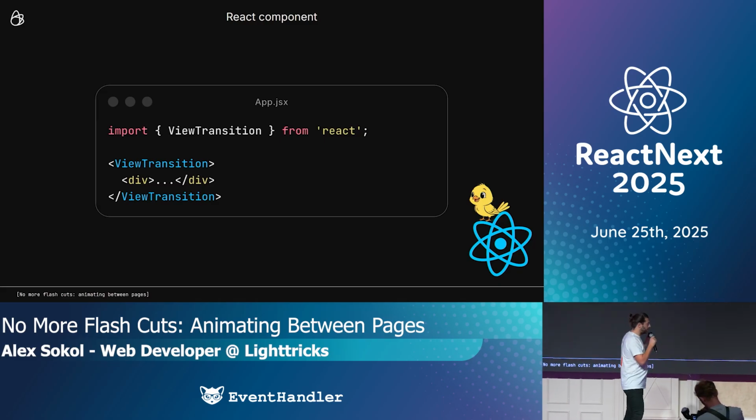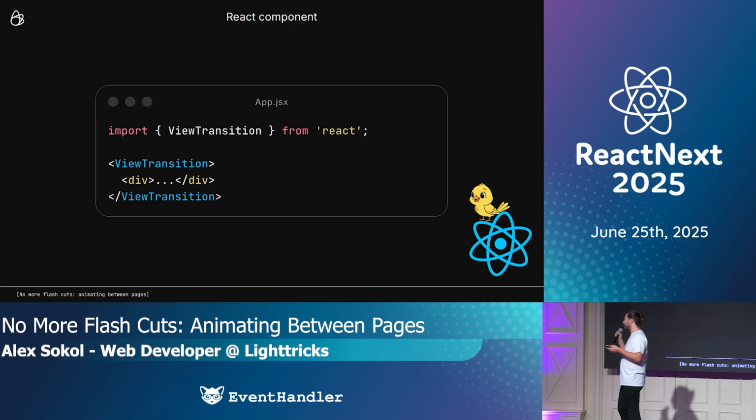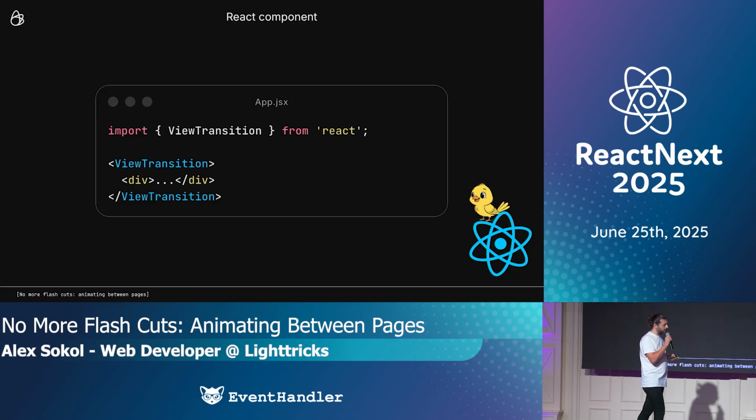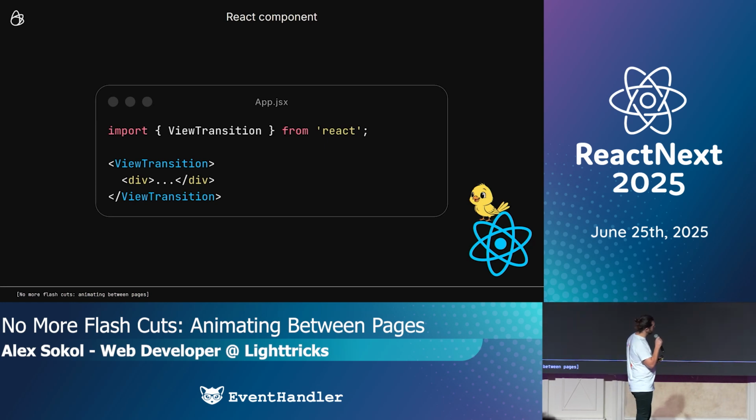Now, this, at least yet, does not seem to solve all 100% of the issues we might have with integrating view transitions into an SPA, but it certainly looks like we will have an easier time doing that. When it's stable, that is.